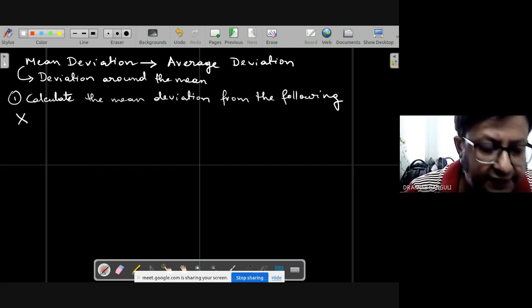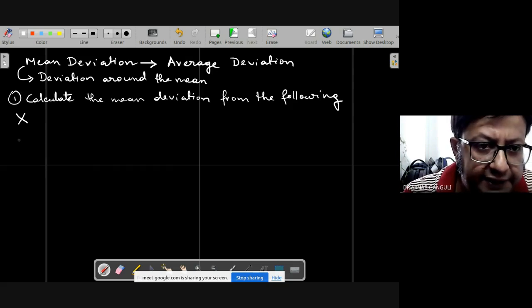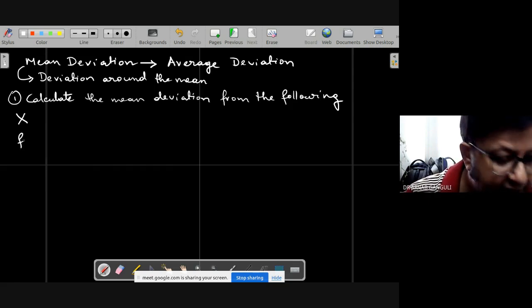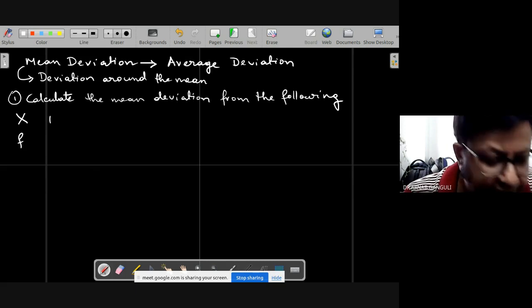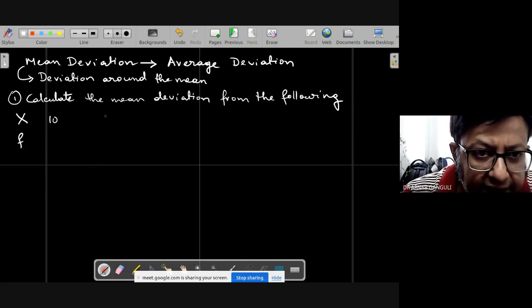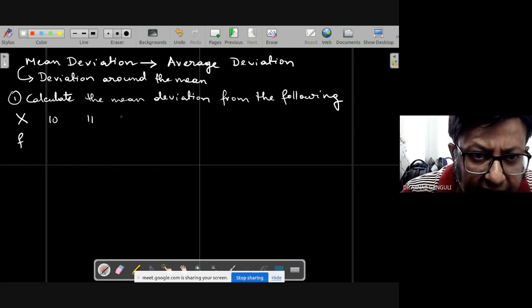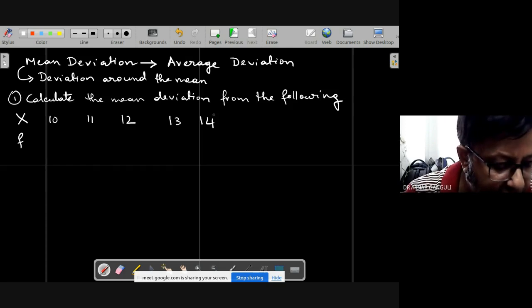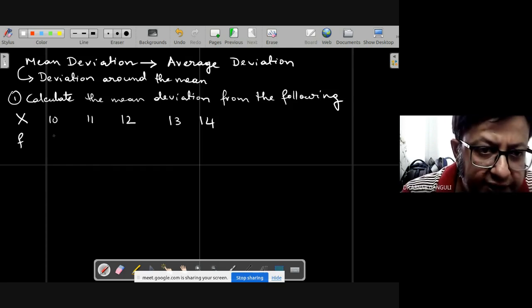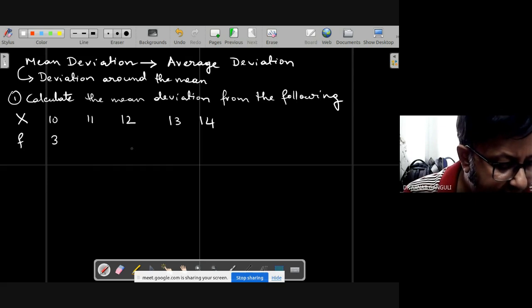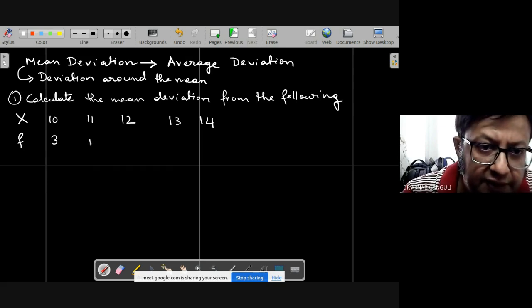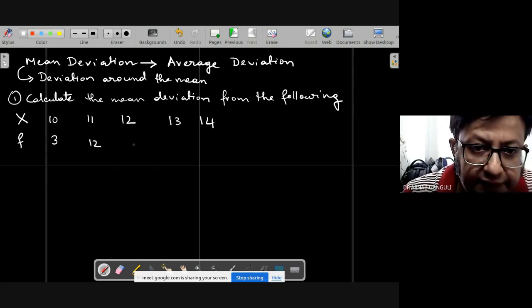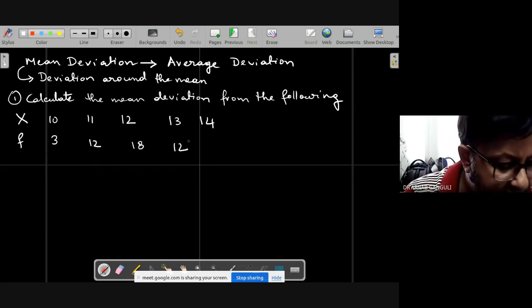The x, and this is the frequency, how many times it's repeated. The values are 10, 11, 12, 13, 14, and the frequencies are 3, 12, 18, 12.